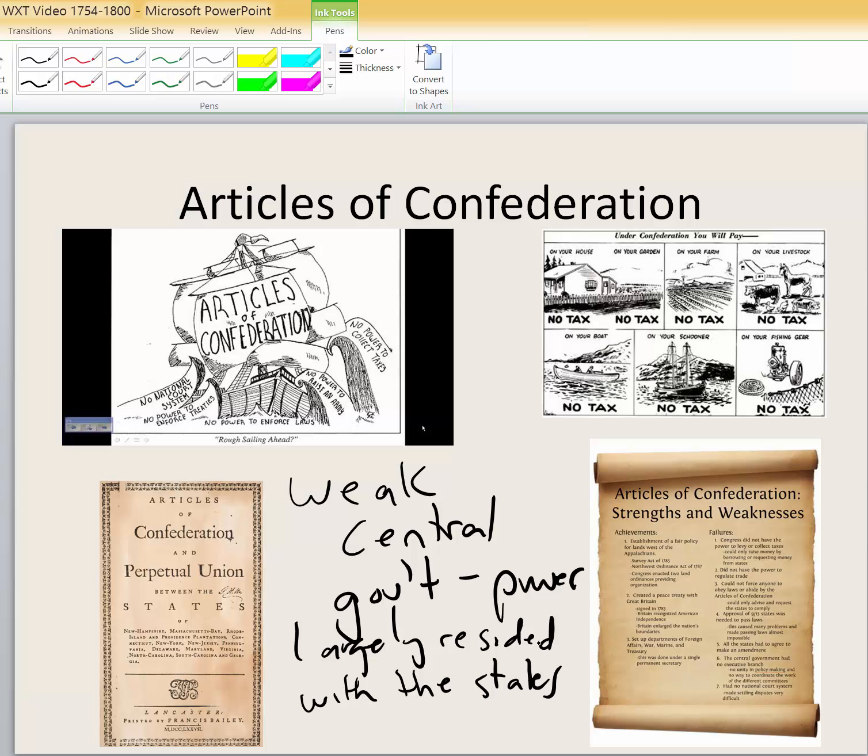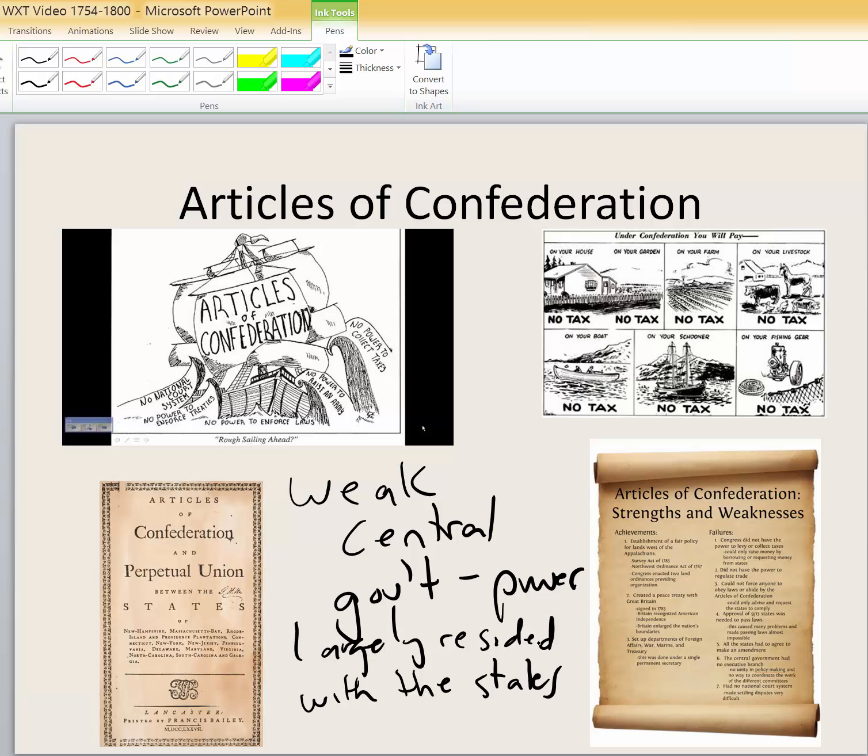Later I will talk to you about a rebellion in Massachusetts called Shays' Rebellion that shows how weak it was without a military to suppress a violent uprising. But again, we want to focus on the economic aspects of it. There is an argument that could be made that some elements of the Articles would be useful today.